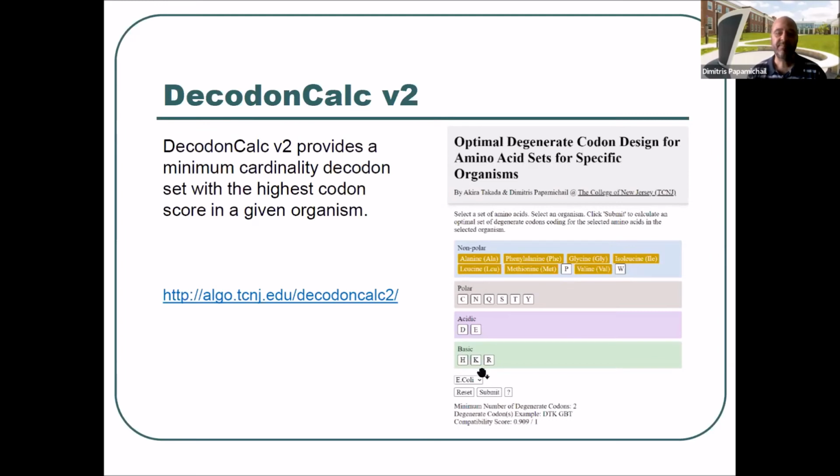And by selecting the organism, when you get the optimal number of degenerate codons to code for a specific set of amino acids, you will also get one example here that is optimal based on this codon score. So this, for example, DTK and GBT are two degenerate codons that have the best possible score, coding for these 7 given amino acids.